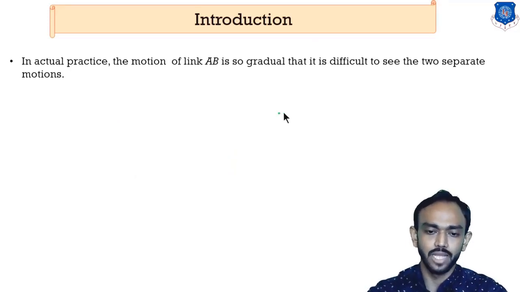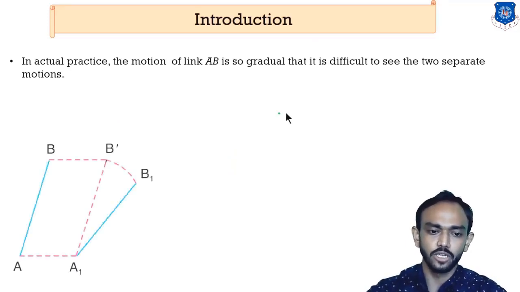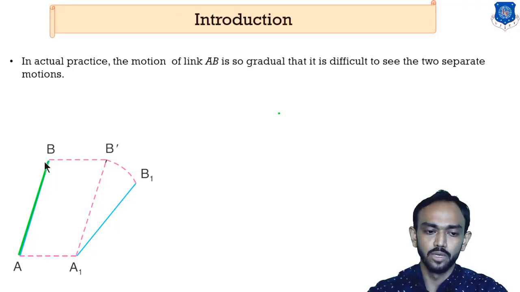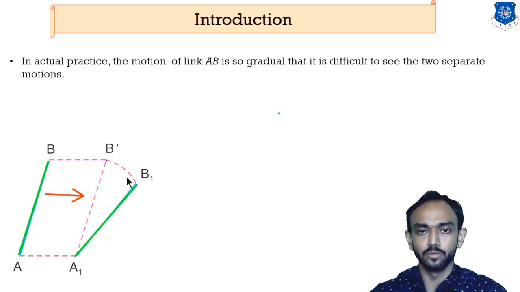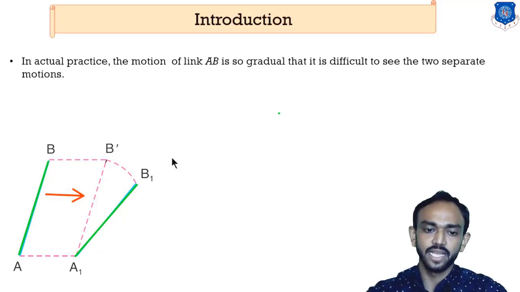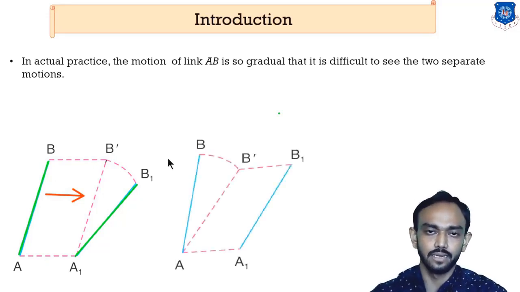We have to assume that the first motion is like this. If the AB link is here, it first moves linearly, by translation, from AB to A dash B dash, and after that, coming to this position, it is rotated. So first translatory motion and then rotary motion. It is possible that we can assume the same motion in a second way.